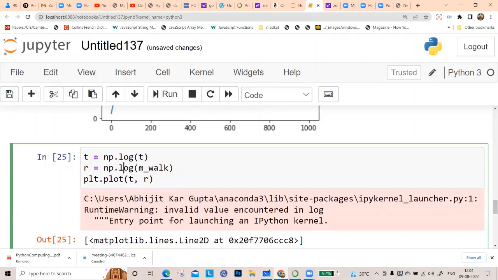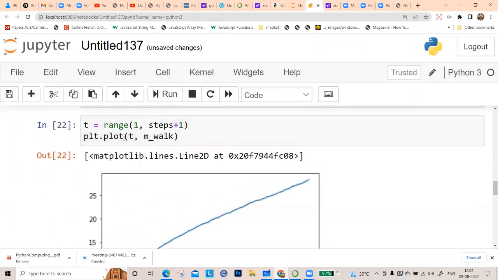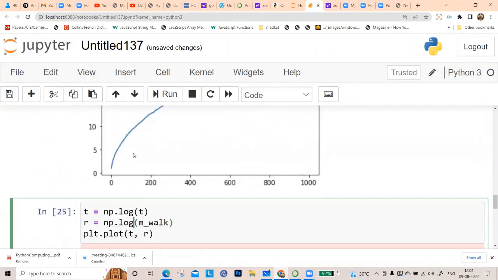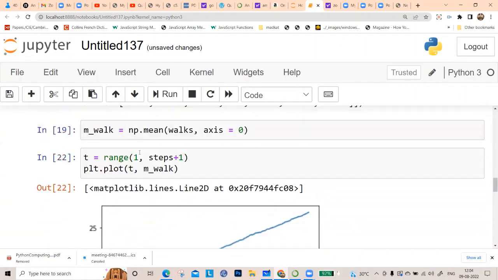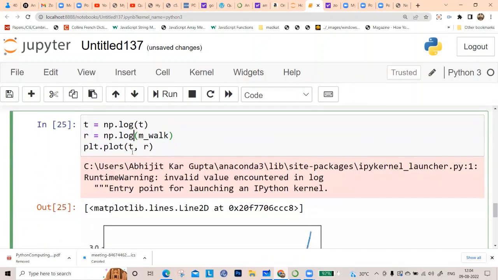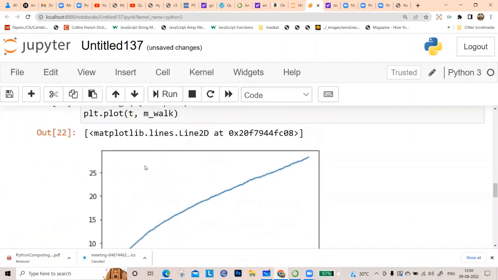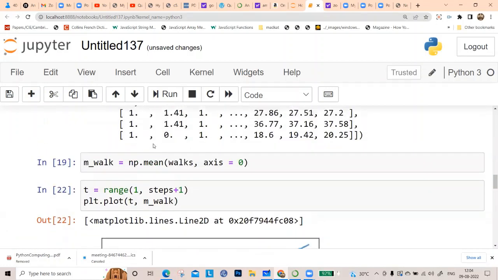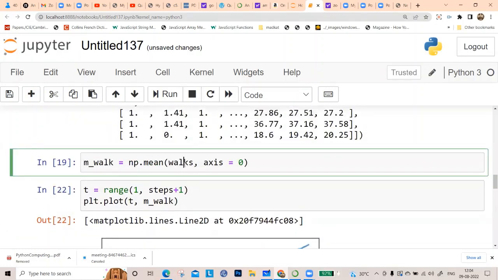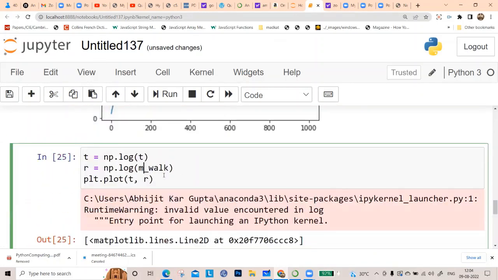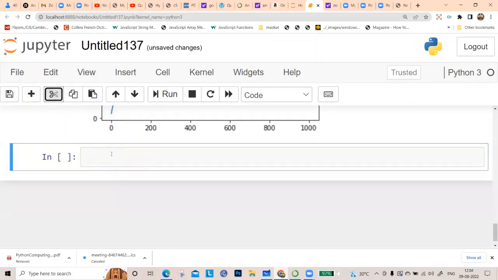I wrote t equal to np dot log of m walk. Let me check it again.